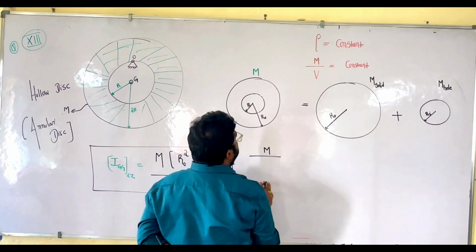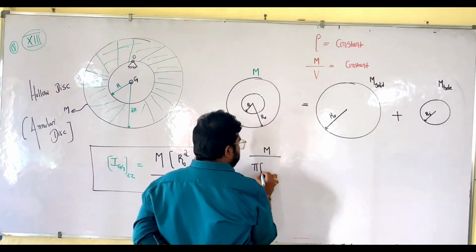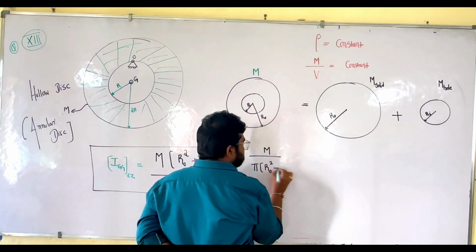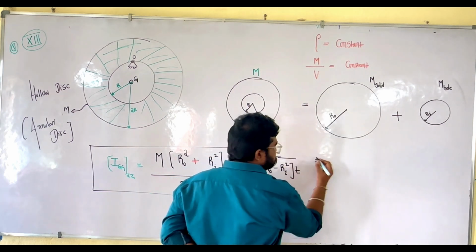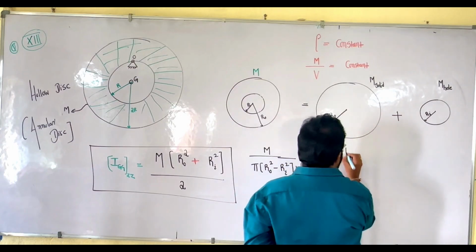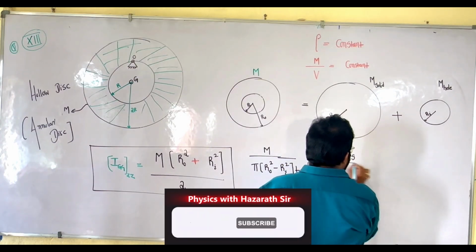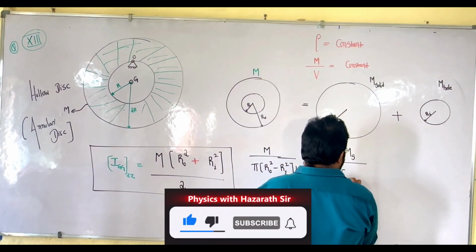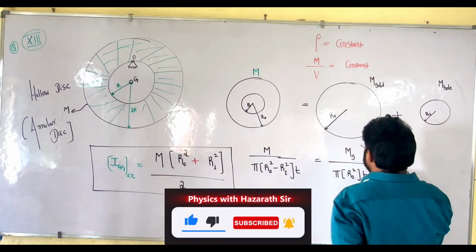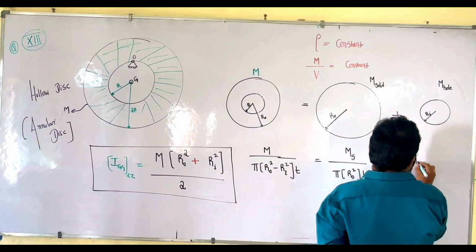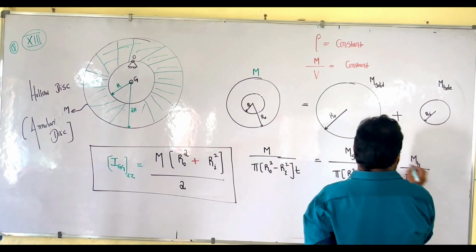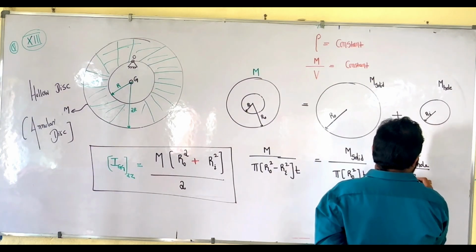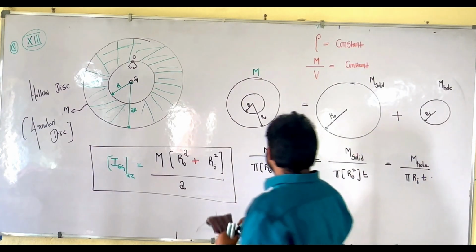The volume of the hollow disk is pi (R0 square minus R inner square) into thickness T. Mass of the solid by pi R0 square into T equals mass of the hole by pi R inner square into T.